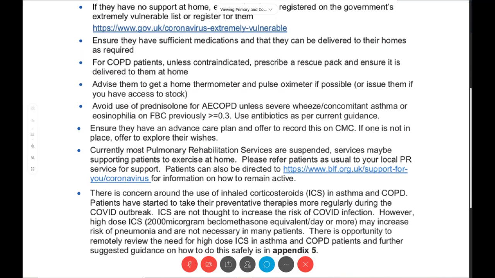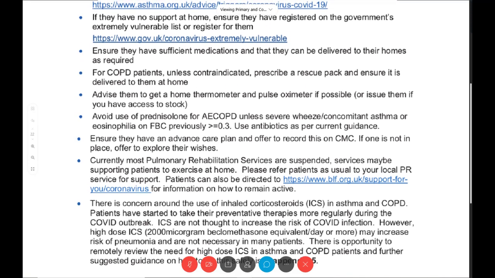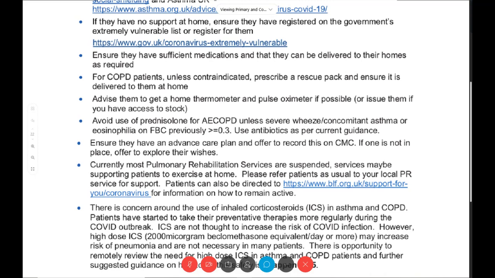Finally, we just again mentioned the high-dose inhaled steroids, and that patients who are on high-dose inhaled steroids are at increased risk of community-acquired pneumonia. So therefore, if you are in a practice that's a cold site and you're not having many patients turning up because they're all too scared to come to a GP surgery, then you may want to just go through your patients list and do a search for high-dose inhaled steroids.